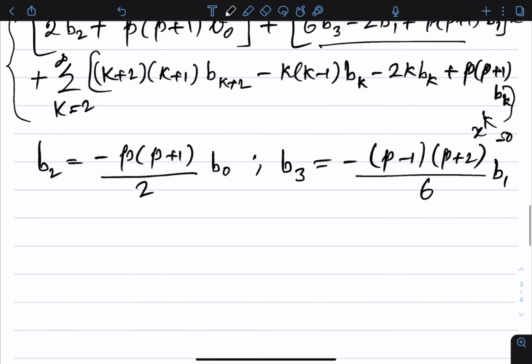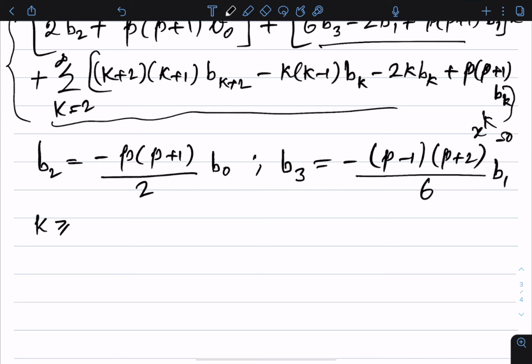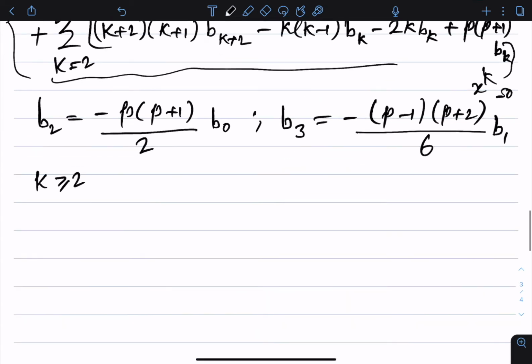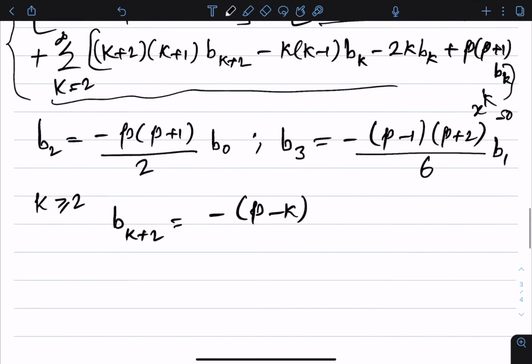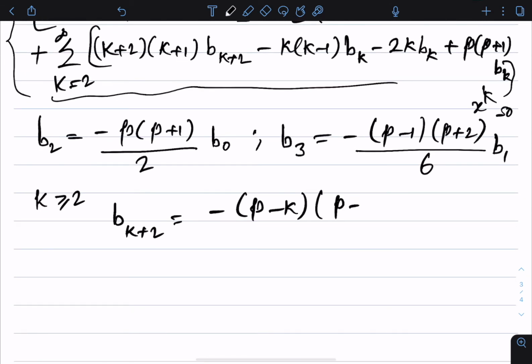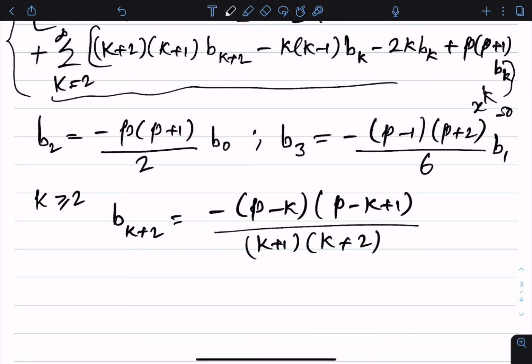And then the remaining terms, k greater than or equal to 2 here. For all k greater than or equal to 2, you get bk plus 2 is equal to minus p minus k times p plus k plus 1 by k plus 1 times k plus 2, times bk.